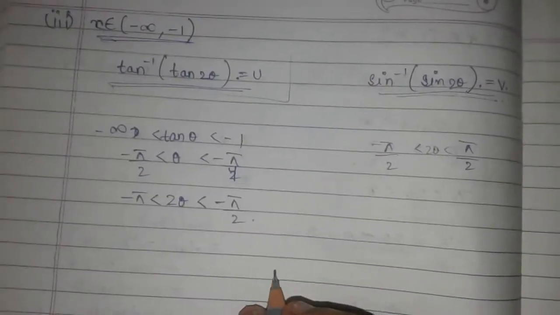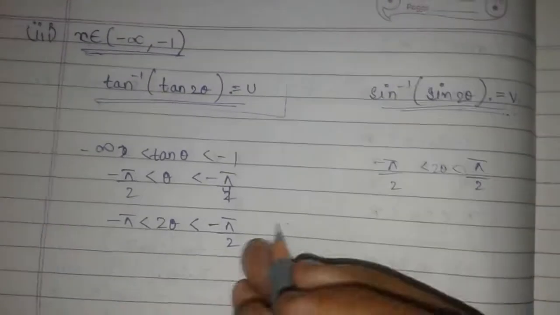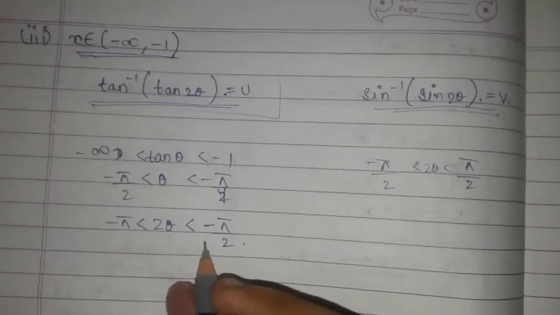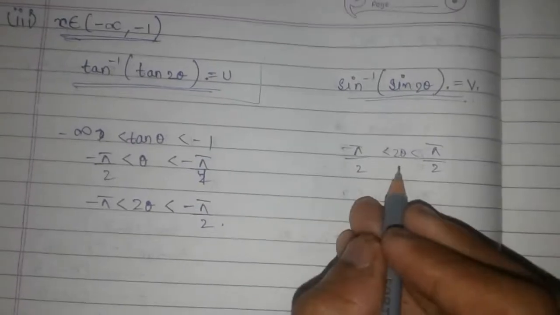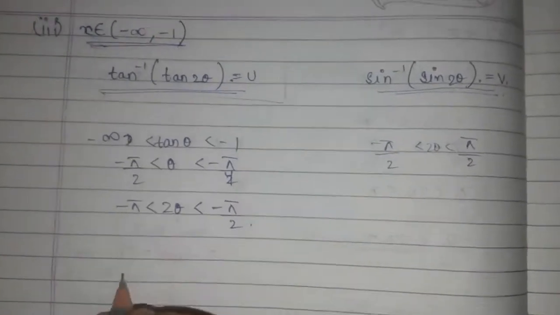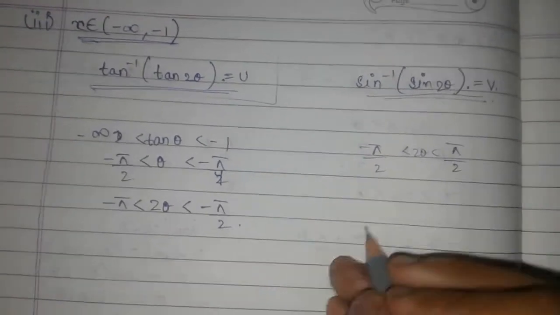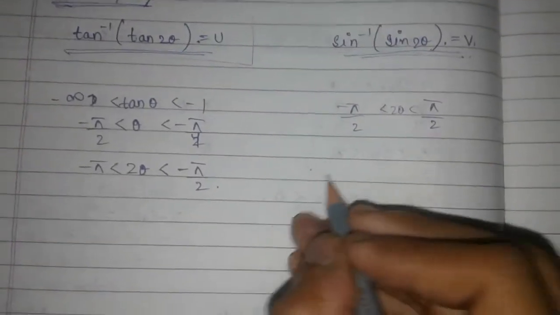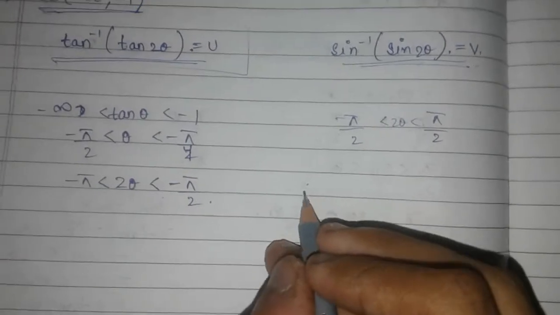Now what can be the first thing that we can do? The first thing that comes to mind is that we can add a pi here. We cannot use pi by 2 because it causes a change in the function, which is not allowed.